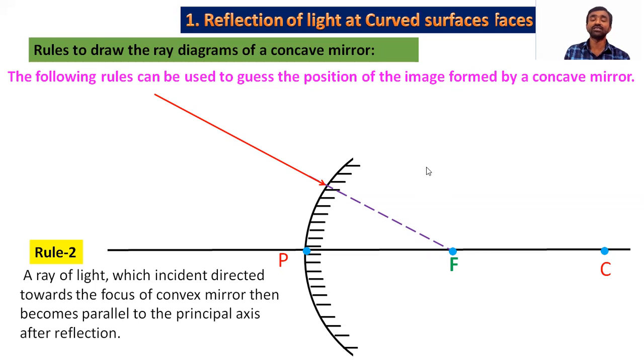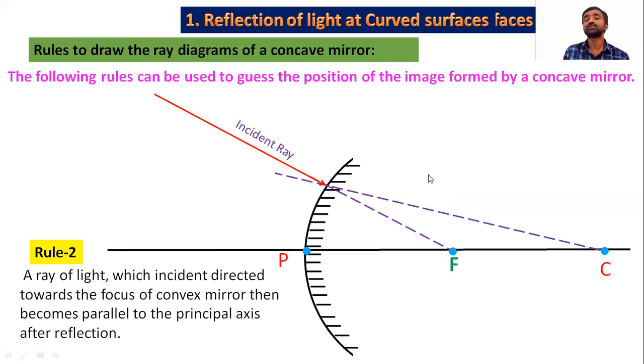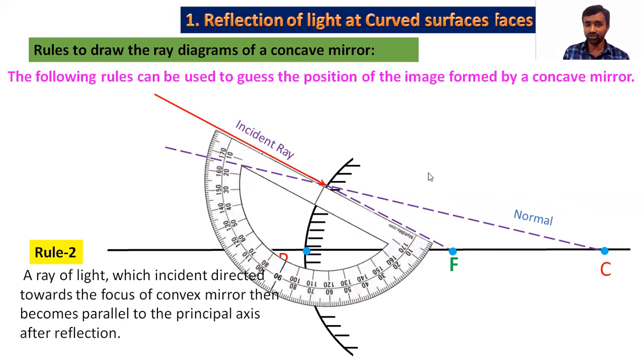So what happens in this case? We'll follow the same logic. Connect the point of incidence on the surface with the center of curvature. So the normal is drawn. I got the normal. Then what to do? Use the protractor and measure the angle of incidence, as you see on the screen.